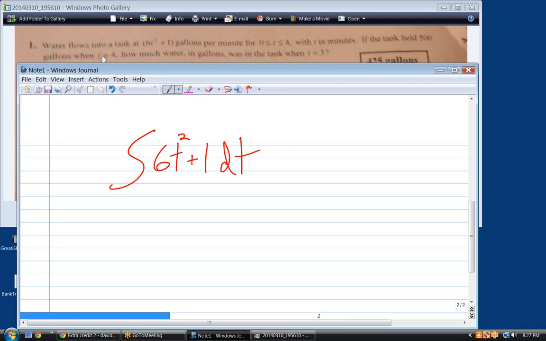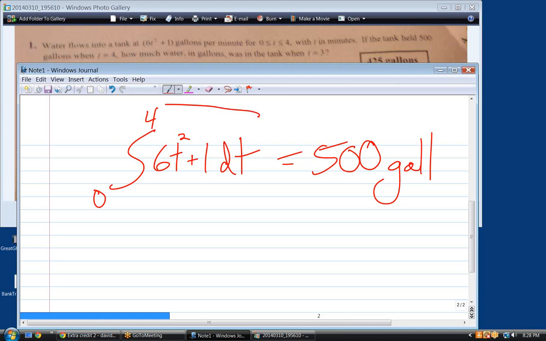If the tank held 500 gallons at 4, so from 0 to 4, that thing equals 500. Because if it flows at that function for that time period, then the total amount of water that flows into the tank is going to be this expression. They didn't say it was empty to begin with, but can we assume that?